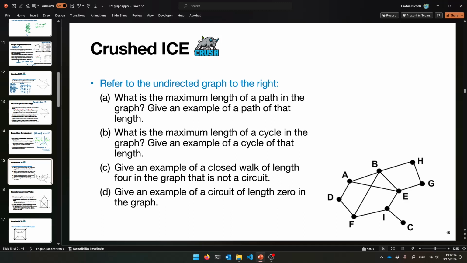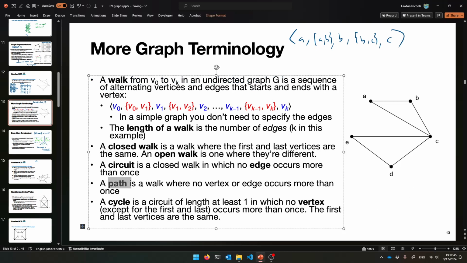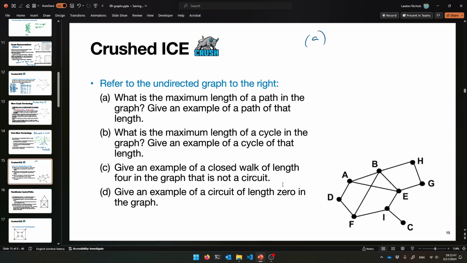All right. What is the maximum length of a path in the graph? So let's do part A. A path is when you cannot repeat vertices or edges. It looks like there's a way to visit every single vertex and not repeat any of them or edges.